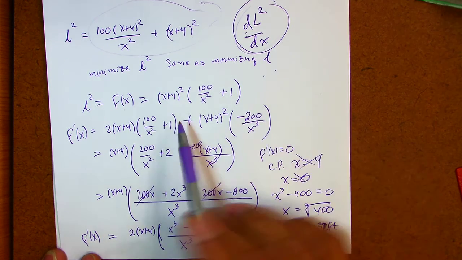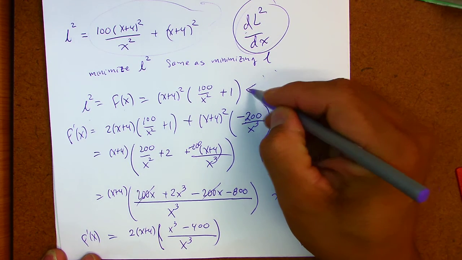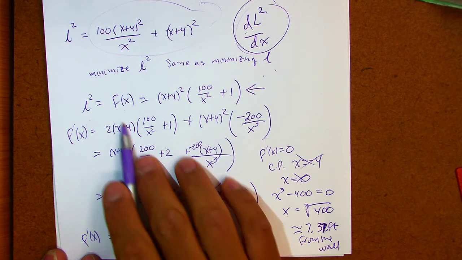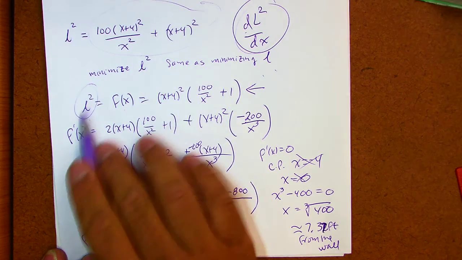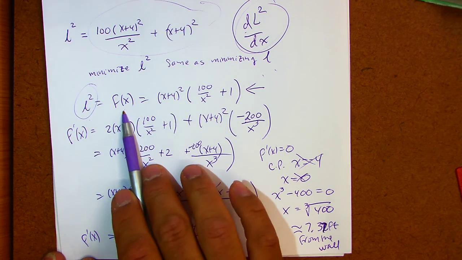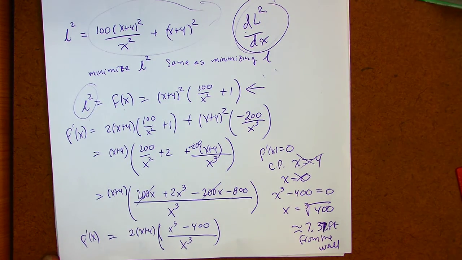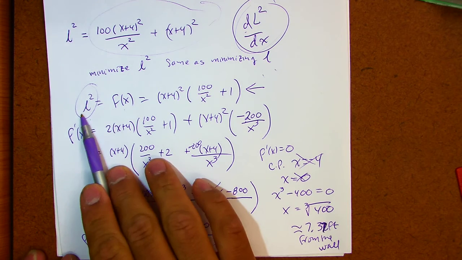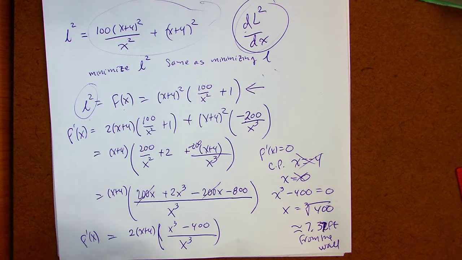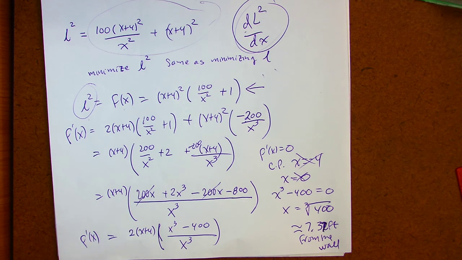The important part here was having this function and taking the derivative of that. And let's not let the L squared kind of get in the way of doing that. So I just renamed L squared to be a function with respect to x, which is how I want to treat it. I don't necessarily want to apply the power rule here. I just want to minimize L squared, and that's the same as minimizing L, the length of the ladder.